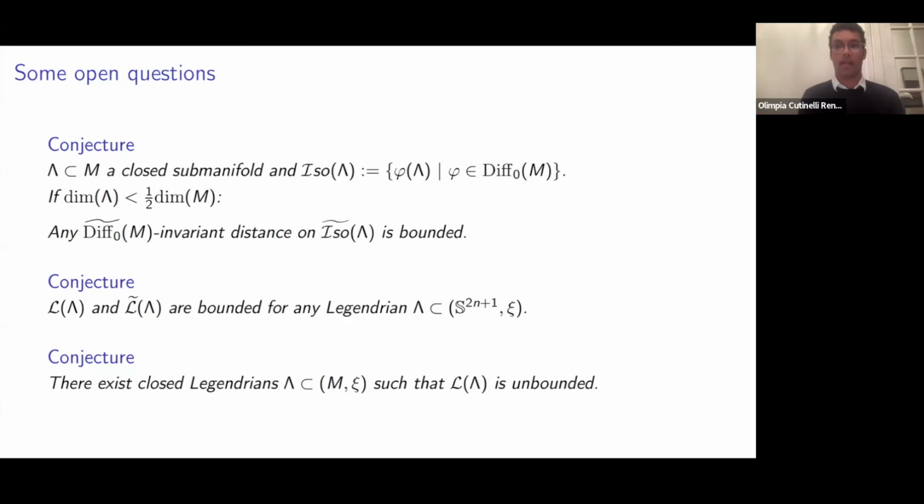So maybe in small dimensions, like dimension 3, something happens, in the Legendrian case. I don't know, of course. Thank you, I didn't know this. There is also some delicacy in dimension 4, which I don't remember. Probably in dimension 4 it's still unknown. But otherwise, indeed, it's unbounded.